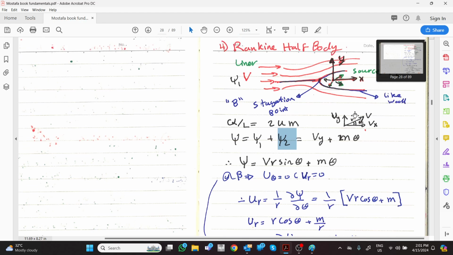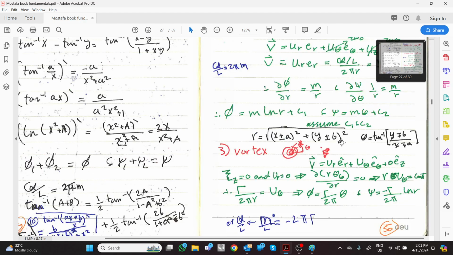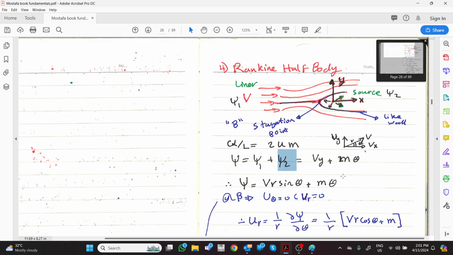And we know that psi equals m theta. So psi equals V y plus m theta. Here we see there is V multiplied by y and m by theta. Either you convert theta to tan inverse or convert y to r sine theta.